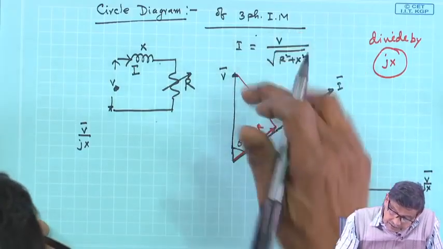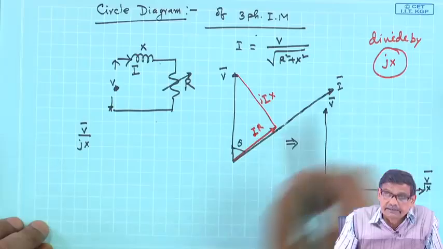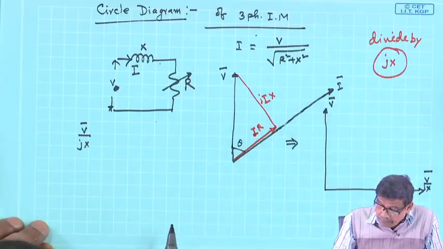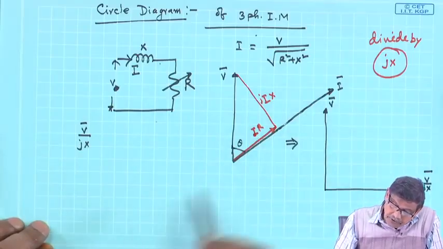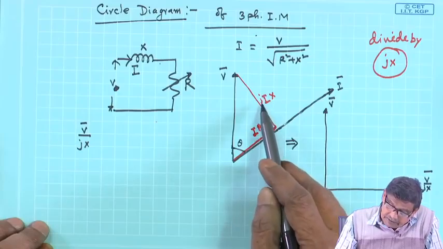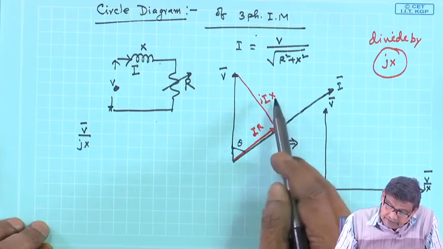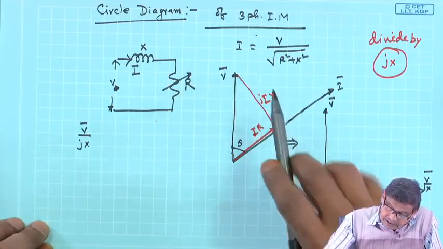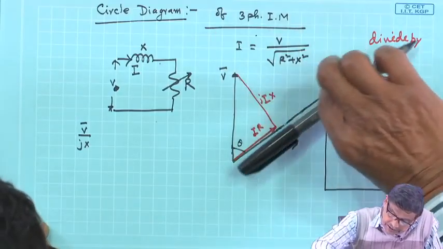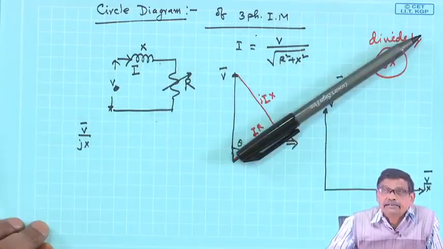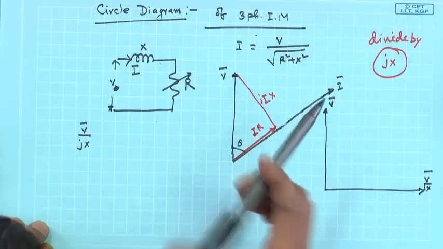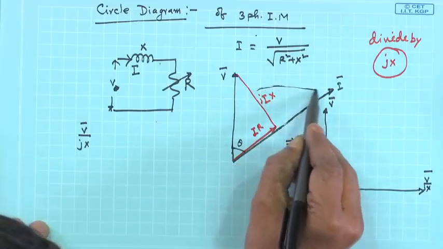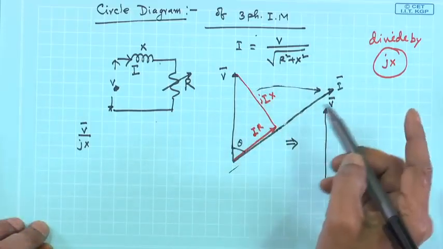Similarly, this length will be divided by jX. If you divide this current length, it will rotate by 90 degrees and it will be like this. This one will be simply this I, that is all.